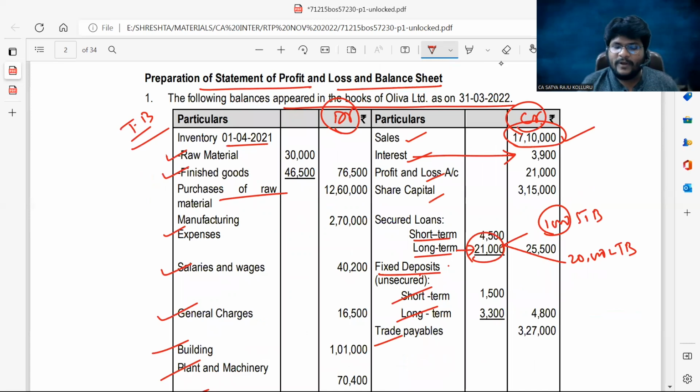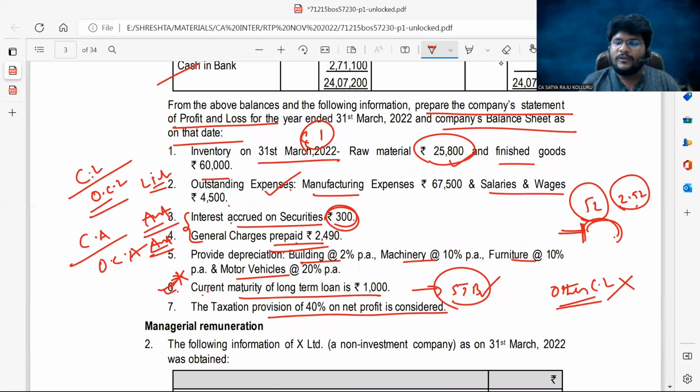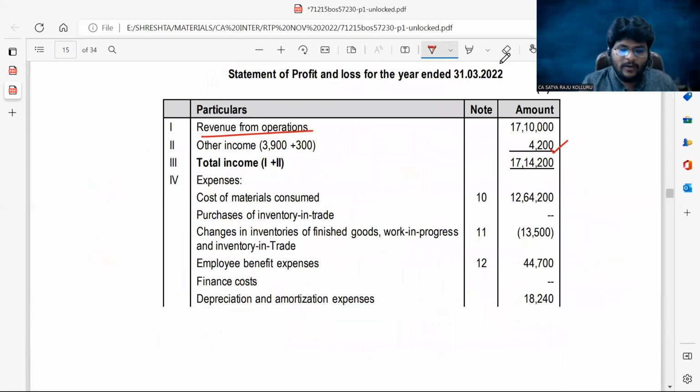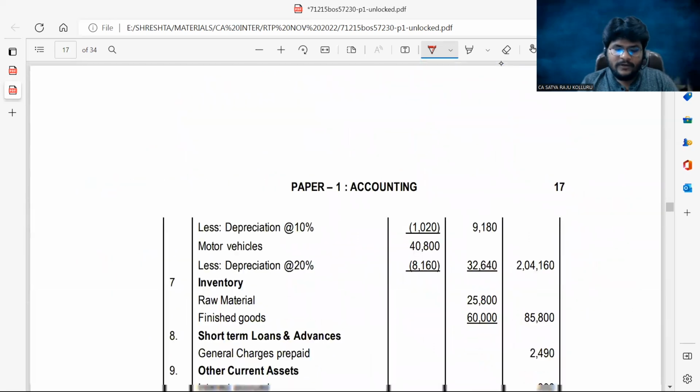Then coming to expenses, you can start with raw material consumed. Opening stock of raw material 30,000 plus purchases of raw material 12,60,000 minus closing stock of raw material, which is 25,800. You can take it as the cost of raw material consumed. You can go to note number 10, which is opening plus purchases minus closing.